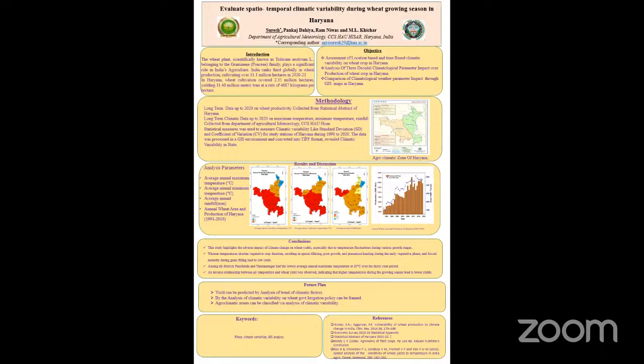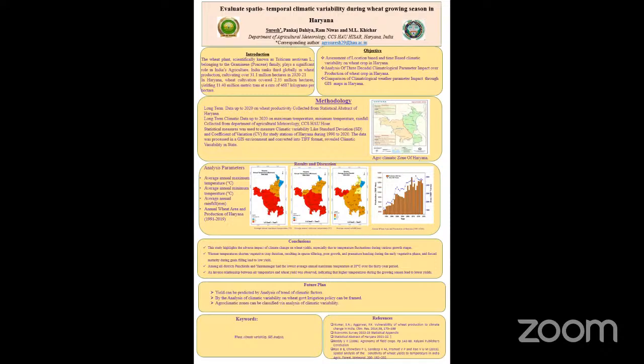How much yield reduction was maximum when the temperature range was like that? Yes, madam. If average maximum temperature increases by 5 to 10 degrees, then there is a reduction of yield.